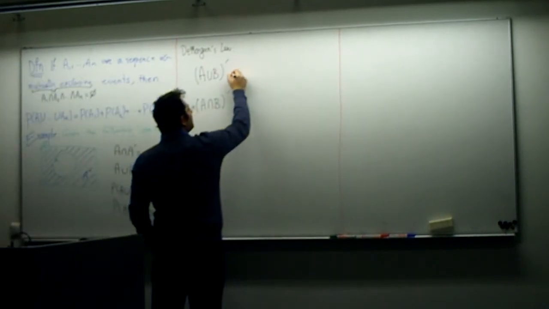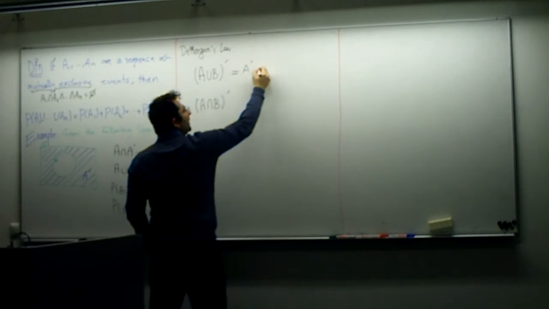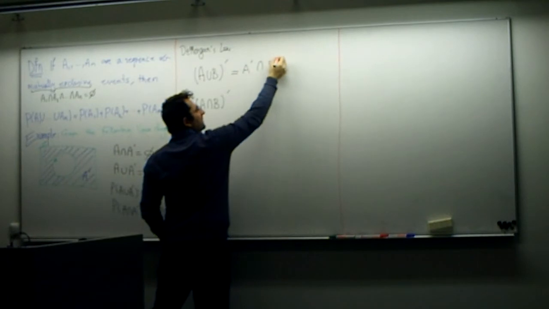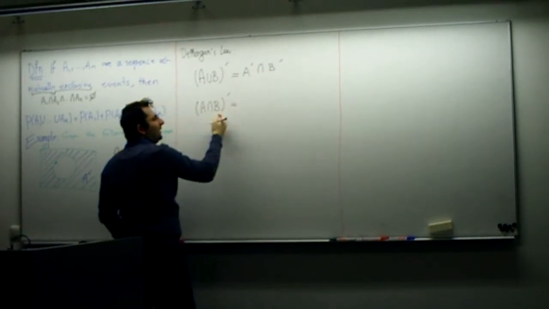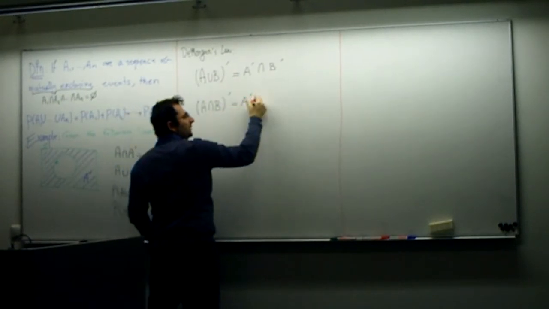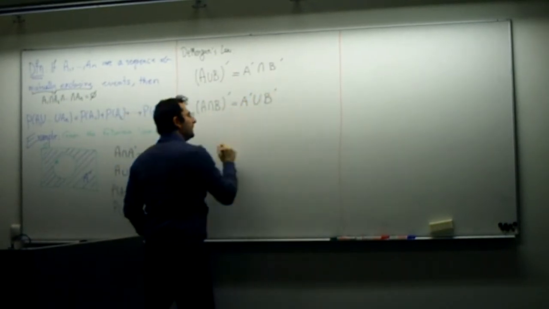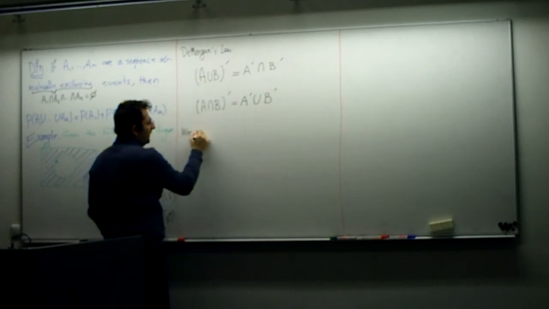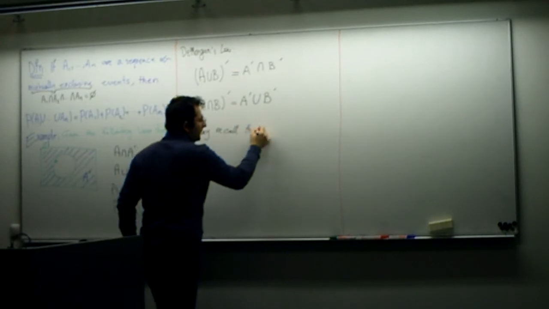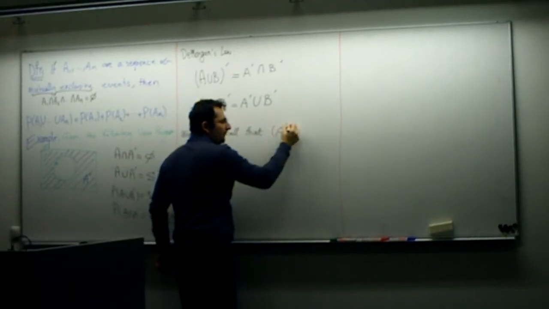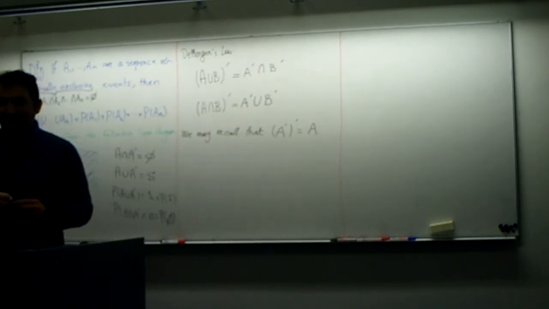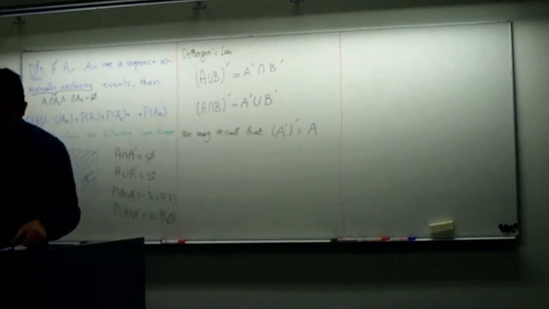What is this? This is A prime intersection B prime. And here, (A intersection B) prime is A prime union B prime. We may recall that (A prime) prime is equal to A. So these are some useful things that we need to know.